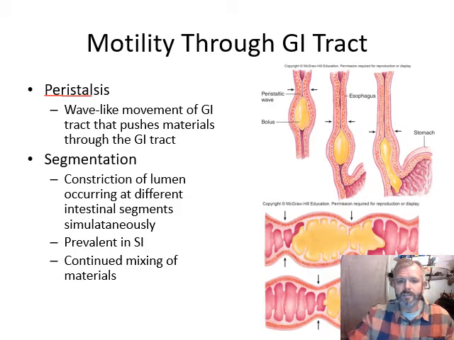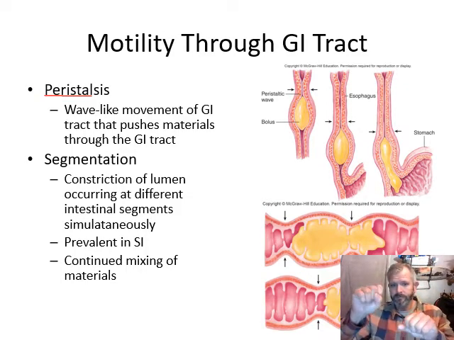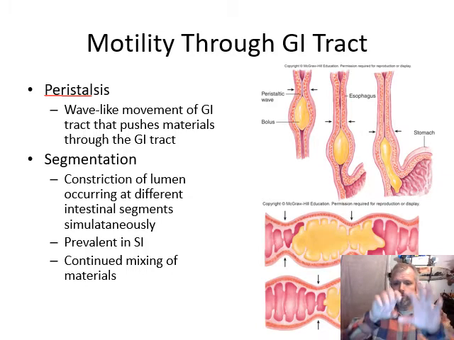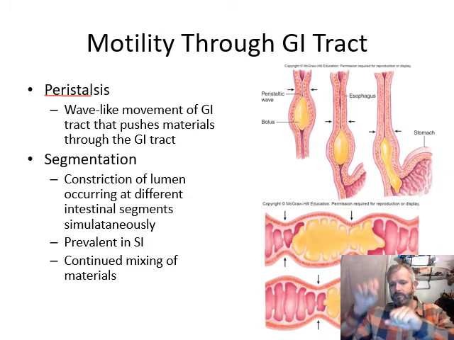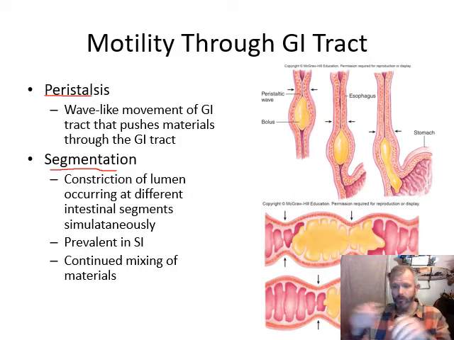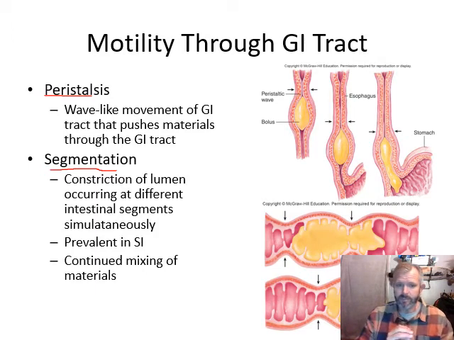We can also get alternating modes of contraction of the muscles along the way. So alternating muscle contractions, and this is called segmentation. And this actually moves the material back and forth, back and forth. It's going to aid in what we call mechanical digestion, in that we're mixing up the material and further breaking it down to smaller components.